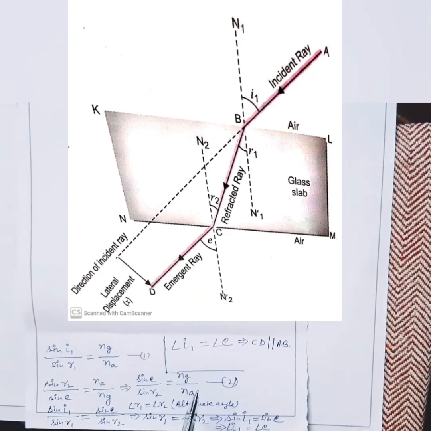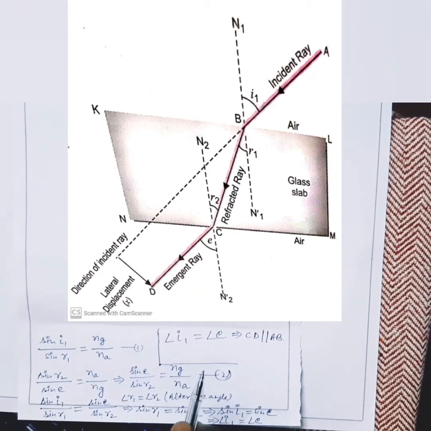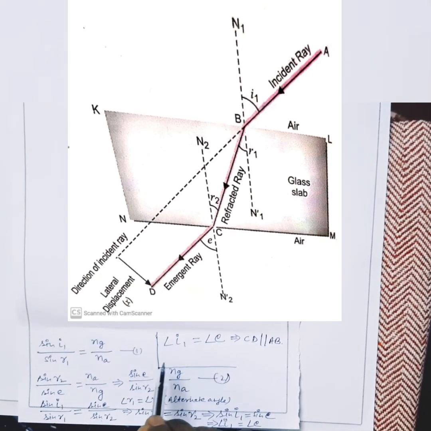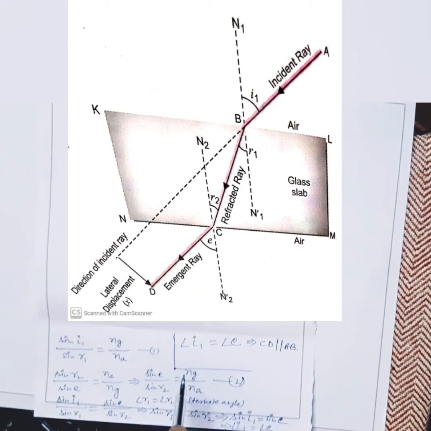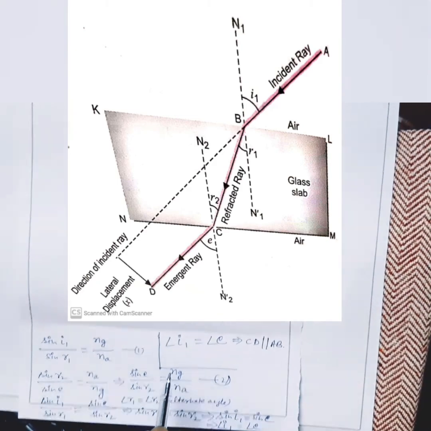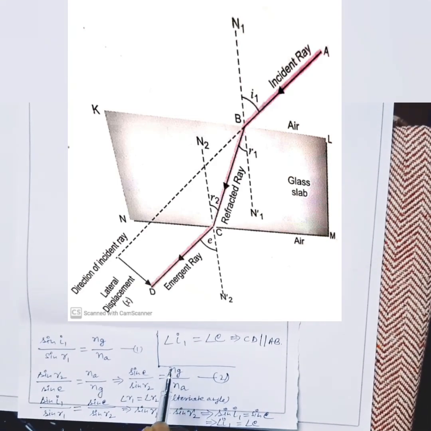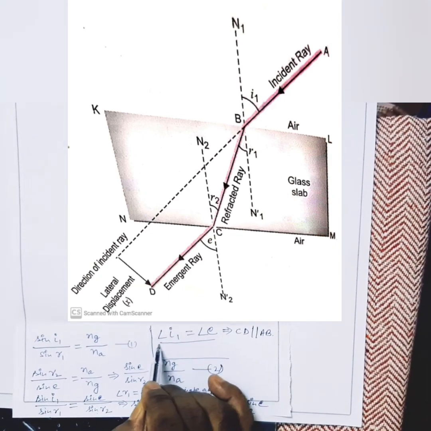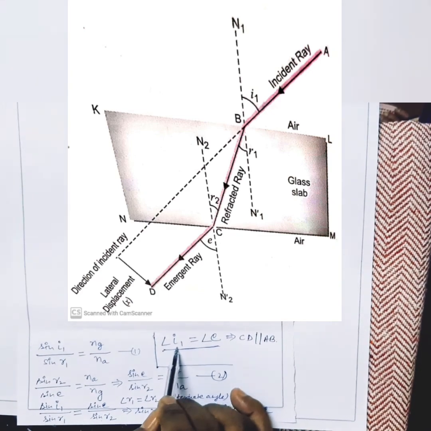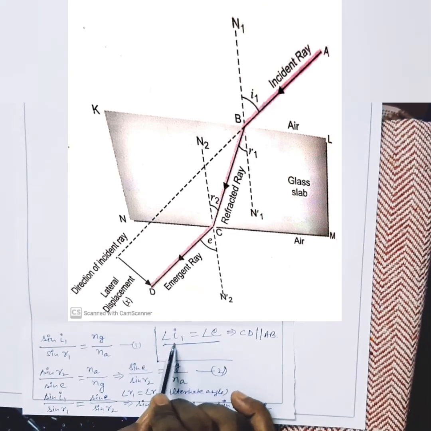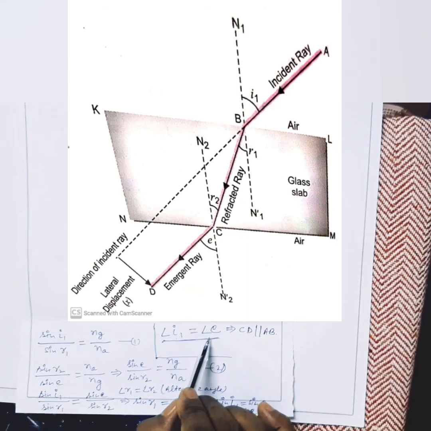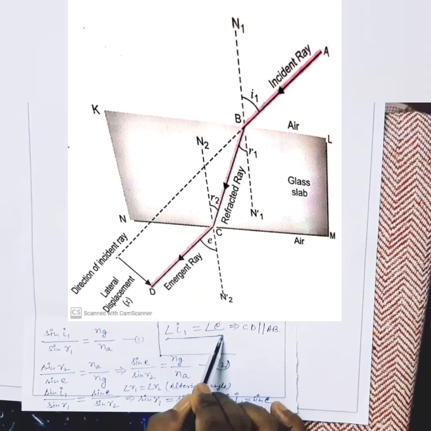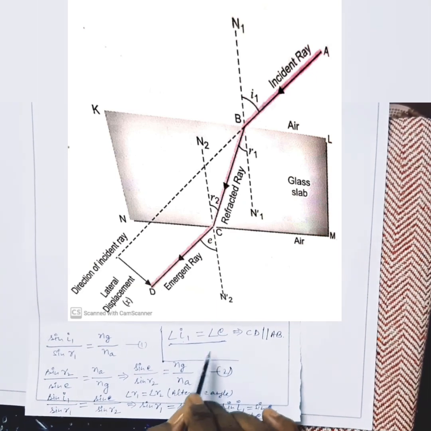This type of question is always asked in the examination: what is the reason that light emerges from a rectangular glass slab in a direction parallel to that in which it entered? The reason is this only: the angle of incidence at the first interface is equal to the angle of emergence at the second interface. You have to justify this.